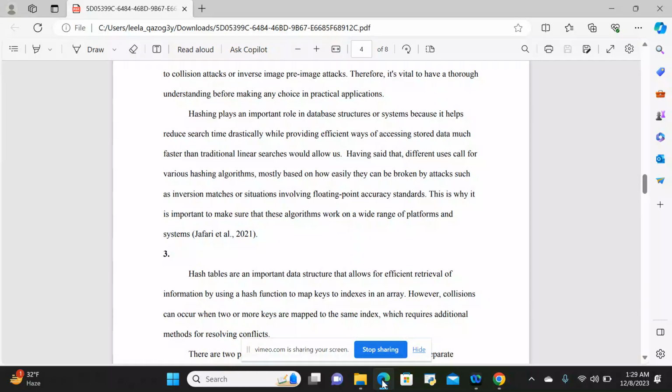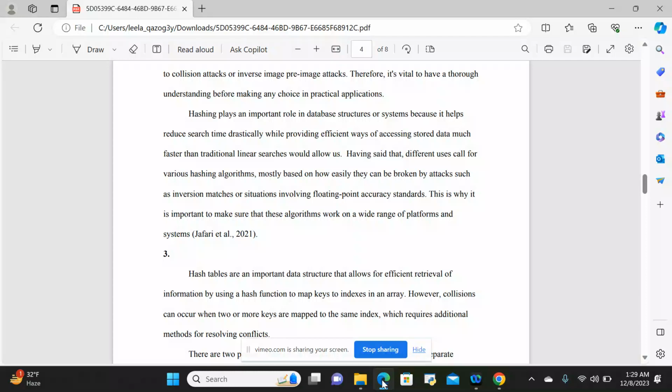Hashing plays an important role in database structures and systems. It helps reduce search time, providing an efficient way to access stored data much faster than linear search would allow.